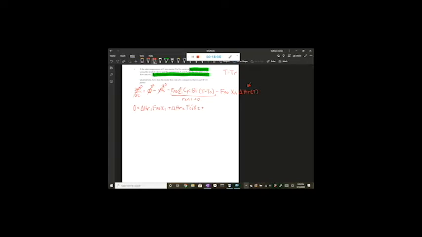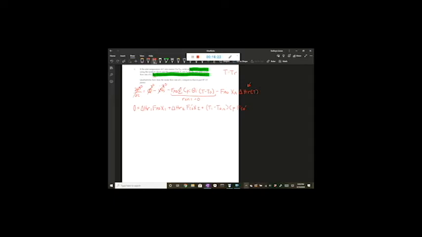Also because that's the nomenclature given in the problem. Plus (T1 minus T02) CP FC naught prime. Okay, cool.